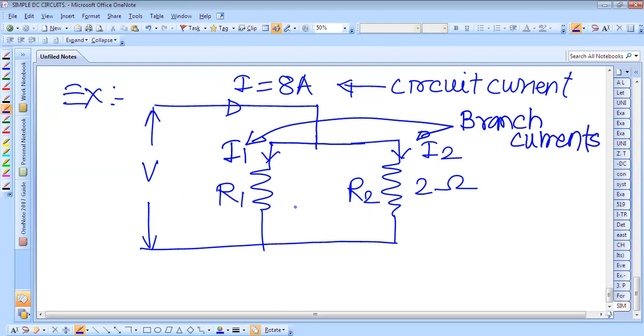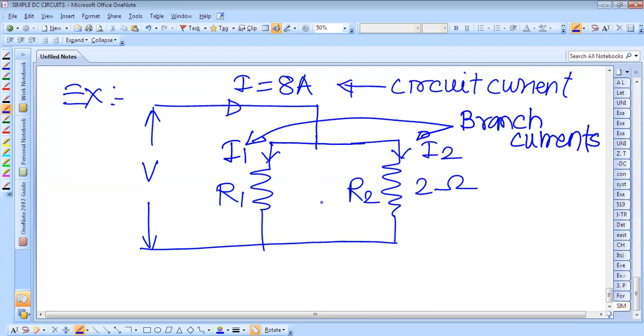So here we have to find the current. The current of 8 ampere is given, and it is shared between the two resistors.